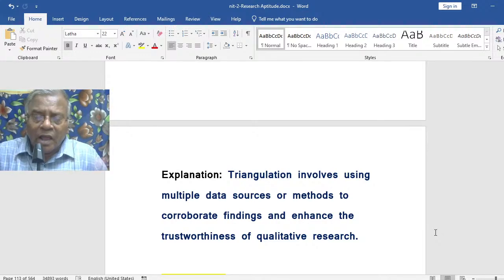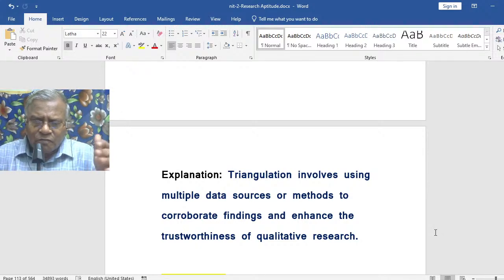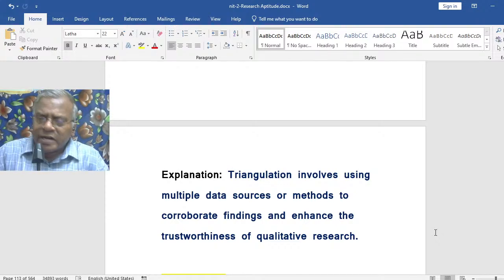Triangulation means that you are using different methods, quantitative methods and qualitative methods. You are blending. Sometimes the qualitative method comes first, afterwards the quantitative method comes, vice versa. In certain researches it will be like that. First qualitative data, at the end you are using quantitative data.